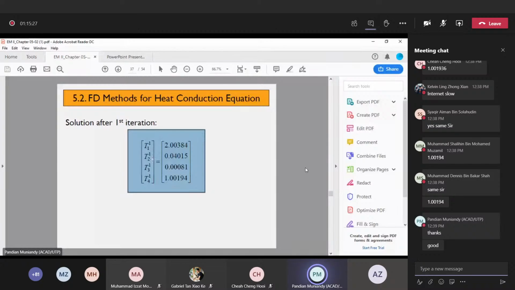Now you can see, you put this nicely: T1, T2, T3, T4 are the temperatures. The superscript you don't need to worry about very much, because that is just the level. What is important here is the first iteration. This is the keyword, class: the first iteration.